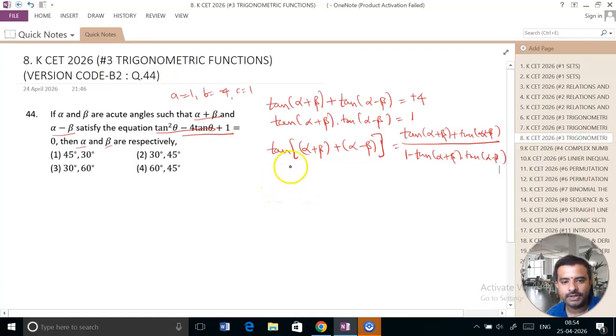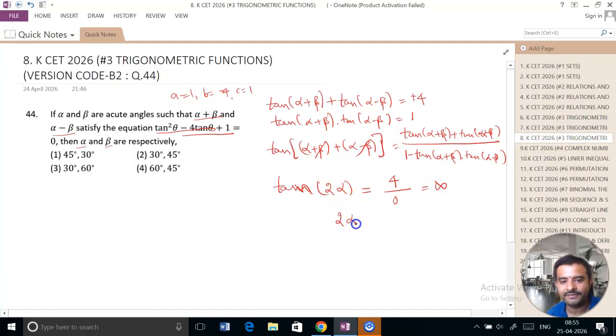If you consider this here, beta and beta get cancelled, so it becomes tan of 2 alpha is equal to, we know the sum is 4, and the product is 1, 1 minus 1 becomes 0, and 4 by 0 becomes infinity.